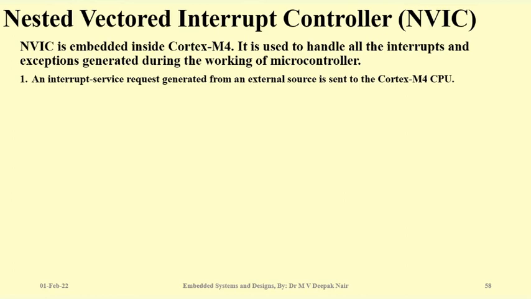Okay, how does the NVIC handle the interrupt? First of all, any interrupt will generate a request, an interrupt service request, from an external source, which is actually received by the MPU. So any interrupt generated by the external source will come to the MPU.